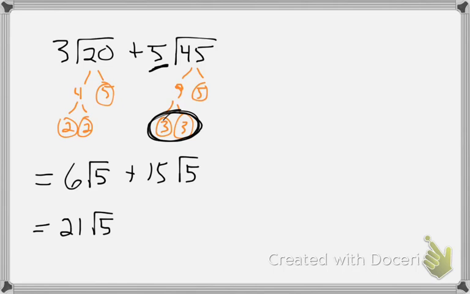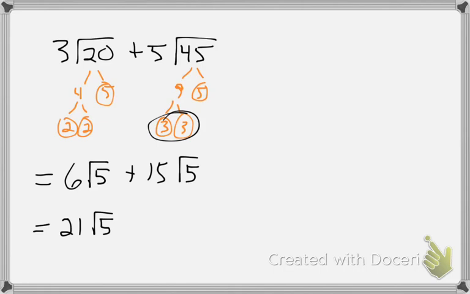So if I bring a 3 in front, what does that give me? 5 times 3, right? It's all multiplication. Meanwhile, this 5 doesn't have a pair. There's no square there, right? So this lonely little 5 stays underneath, forever alone. So we get 21 square root of 5 is our final answer.